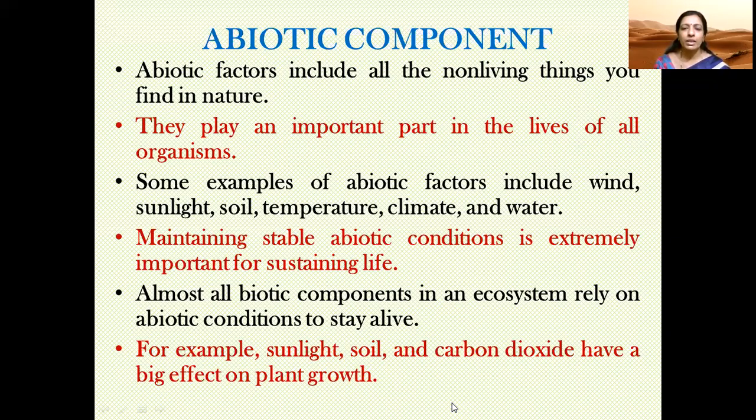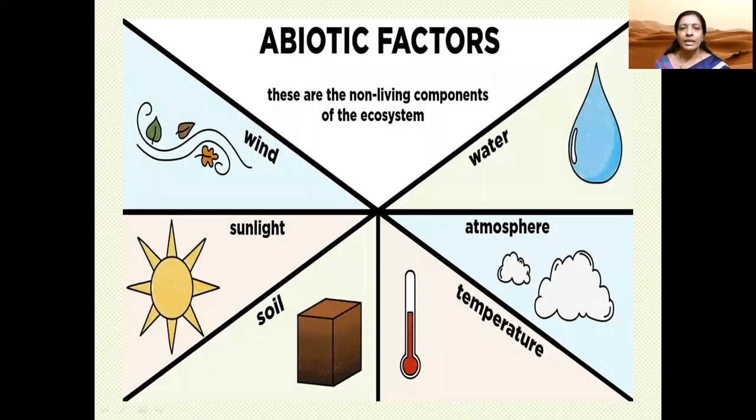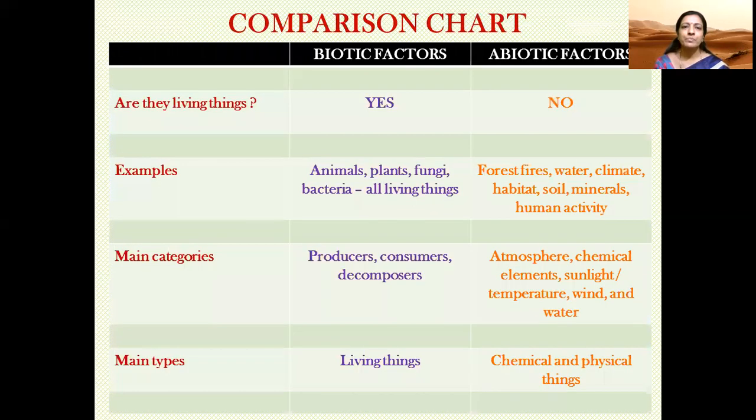Most of the biotic components depend on the abiotic components to stay alive. So again, from this diagram we can see that wind, sunlight, soil, temperature, atmosphere, water are the different kinds of abiotic factors.